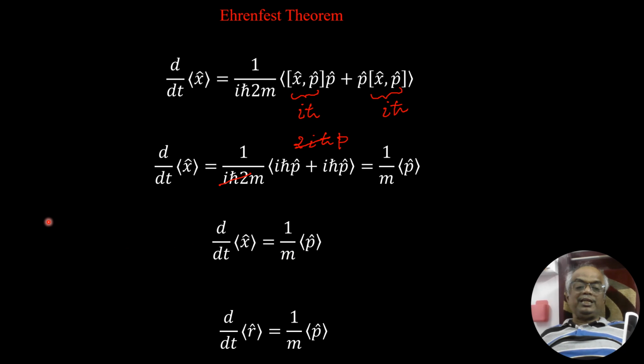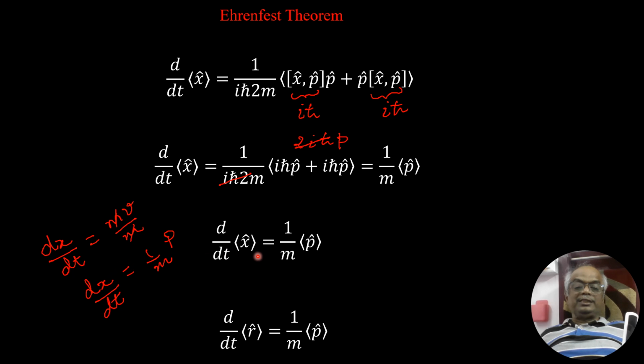You can see the classical counterpart, that is dx by dt, which is velocity, is equal to p, which is mass into velocity, divided by mass. You will get velocity. So this can be written as dx by dt is equal to 1 over m into p. So this is a classical analogy.